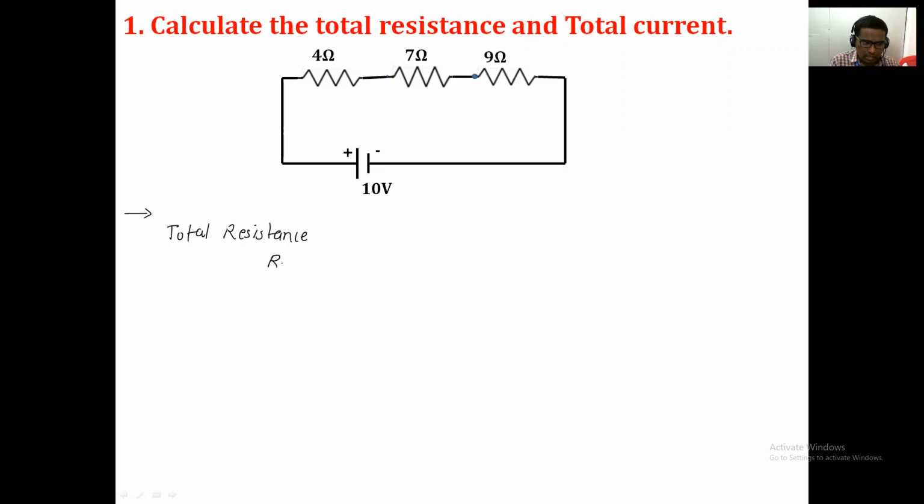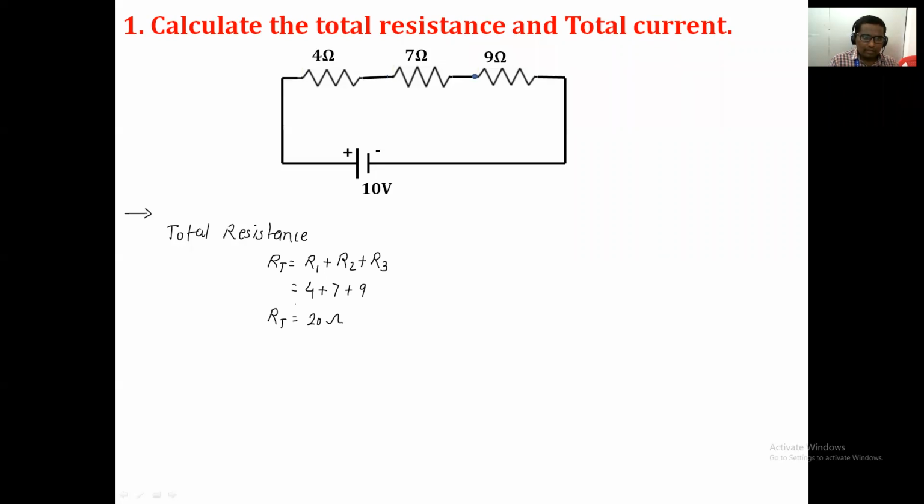So I say that R total is equal to R1 plus R2 plus R3. Is it right? So R1 is 4 plus 7 plus 9. So what is the value of R total? It's 20. Yes, sir.